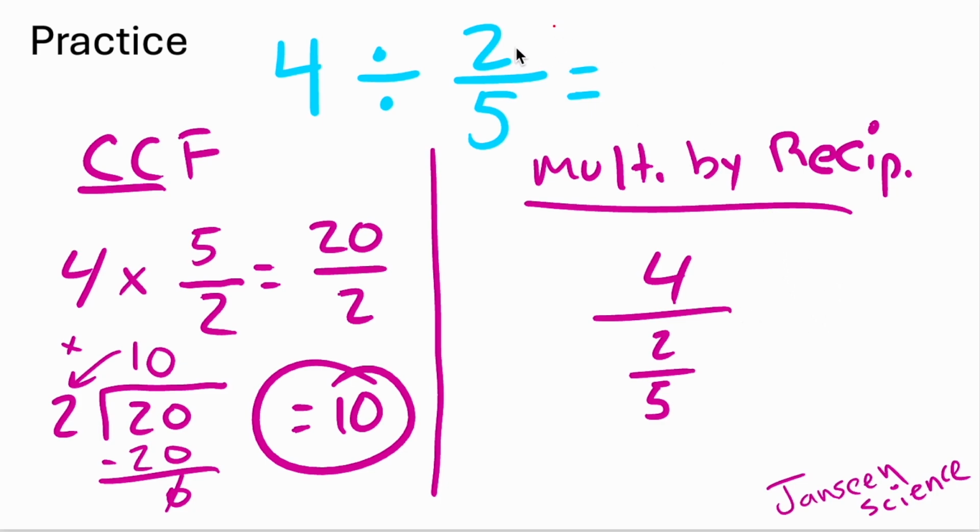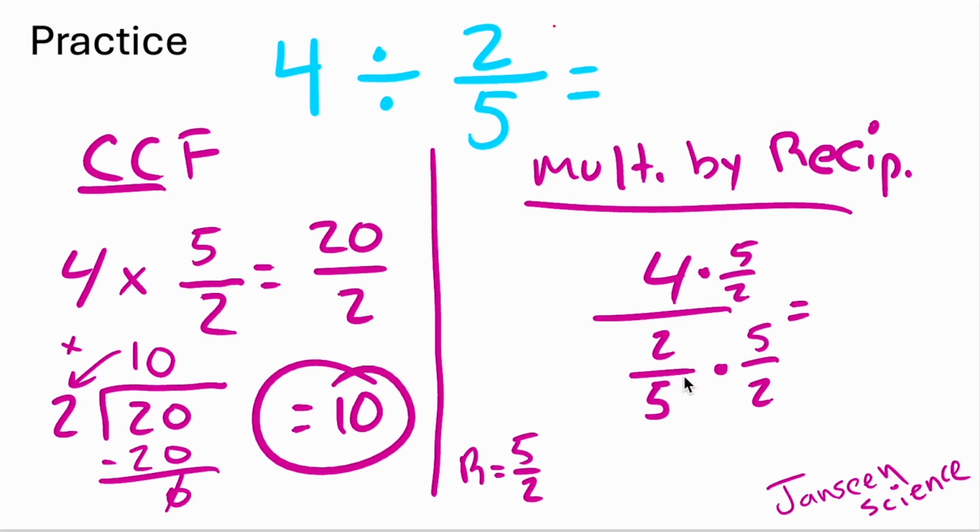So the reciprocal of 2 over 5, let me write that down here. Reciprocal is going to be the flip of 2 over 5, which is going to be 5 over 2. And so we're going to multiply both sides by 5 over 2.